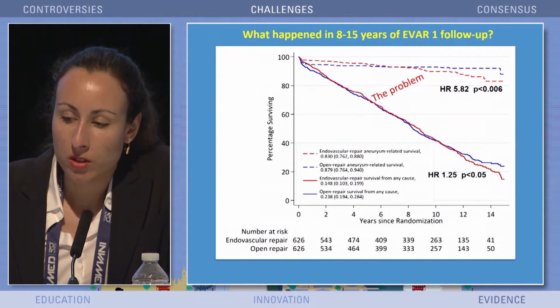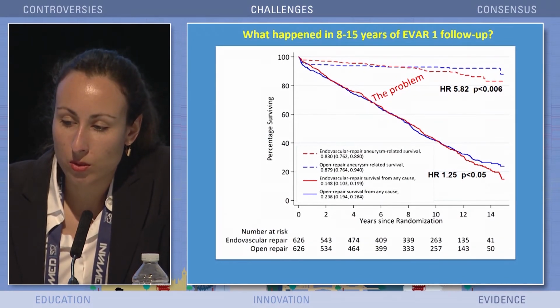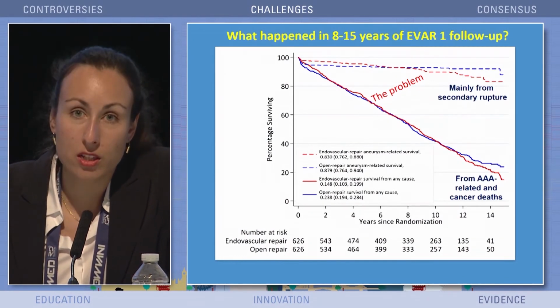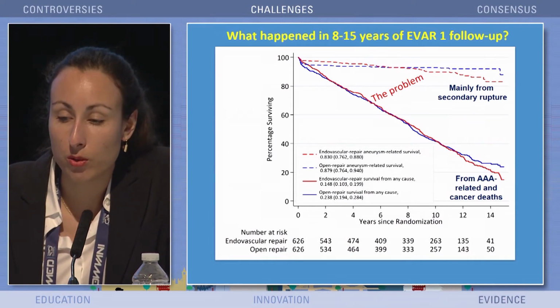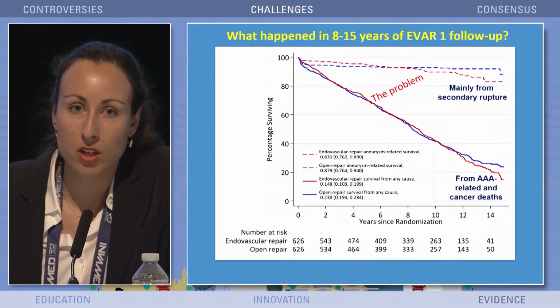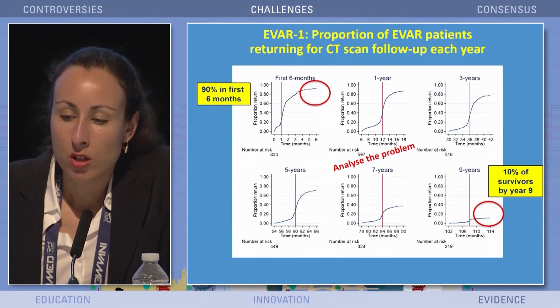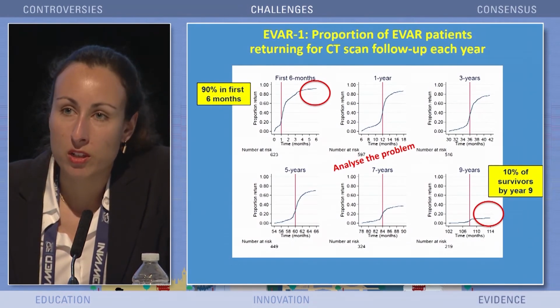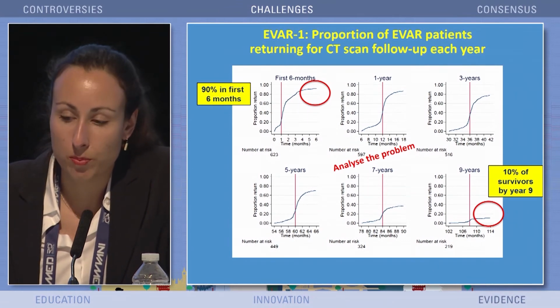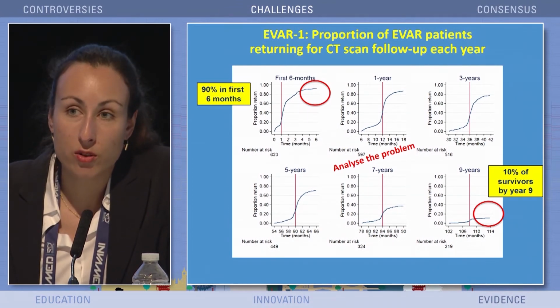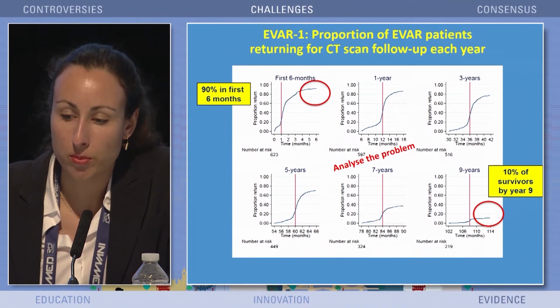Another problem, and what we can also see on the slides, is that the cause of that was secondary rupture in this observed group. So we have to look deeper into the surveillance of the patients. In the EVAR trials, the follow-up was suboptimal.